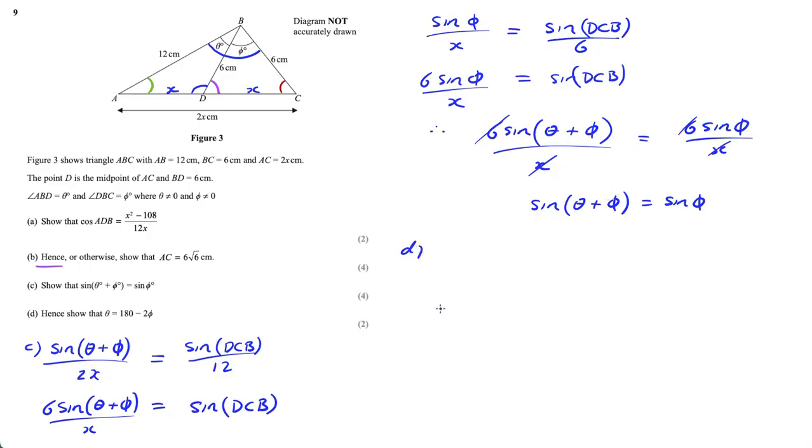Okay, last part, part D. Hence show that theta equals 180 minus 2 phi.